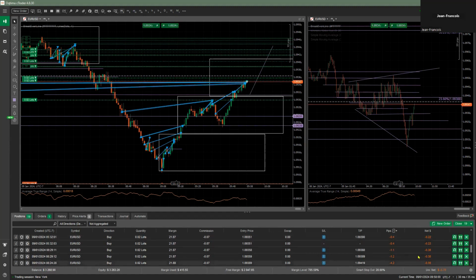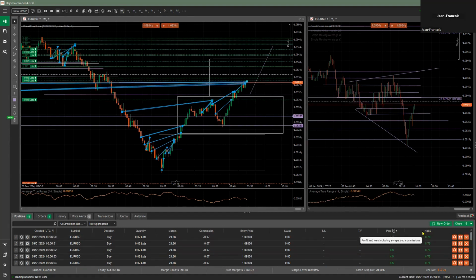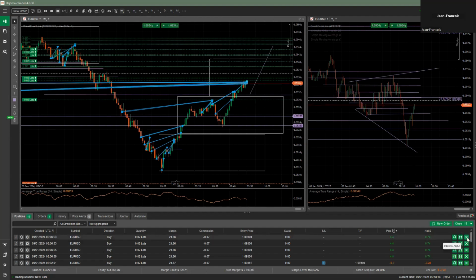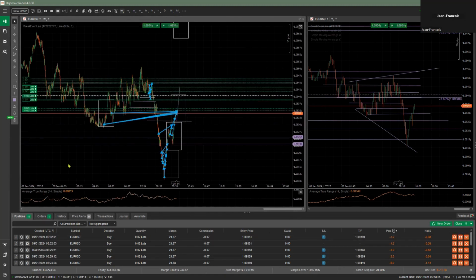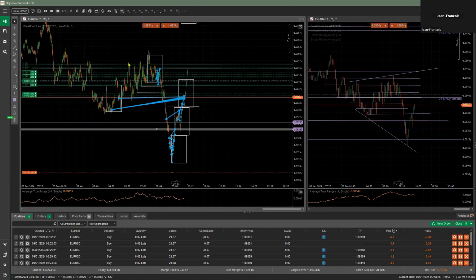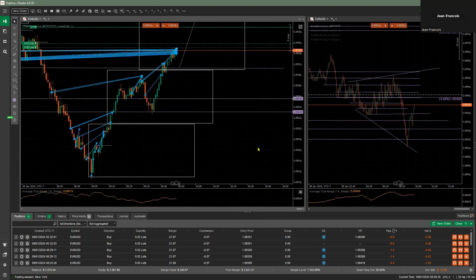Right? So now all I have left is nothing but drawdown. Oops. No, that's not true. Let's take all these other winners. There we go. Right. So I took every winning trade off my book, and all I'm left with is $12 worth of drawdown.